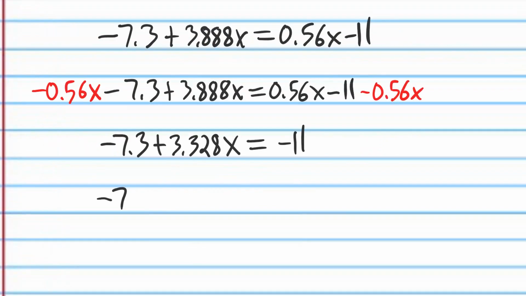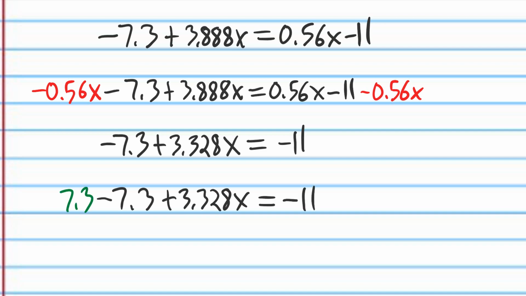All right, now we're going to rewrite the equation again because we're about to perform another operation on both sides of the equation. And this time we're going to add 7.3 to both sides of the equation.